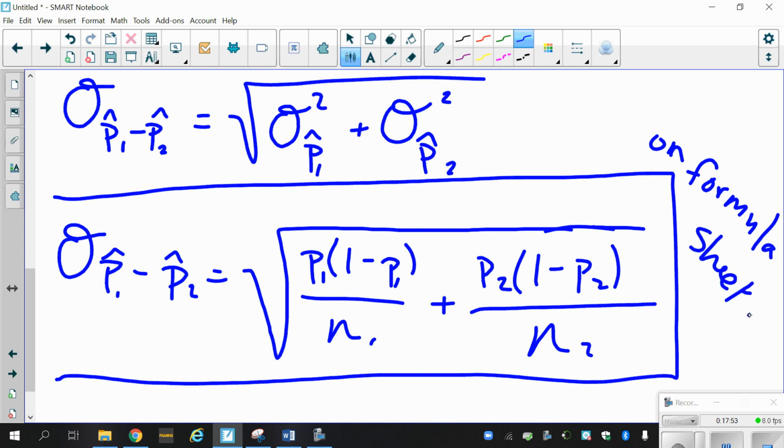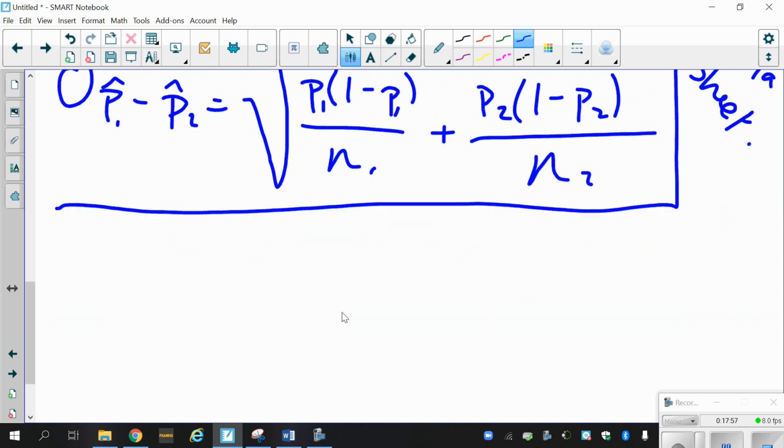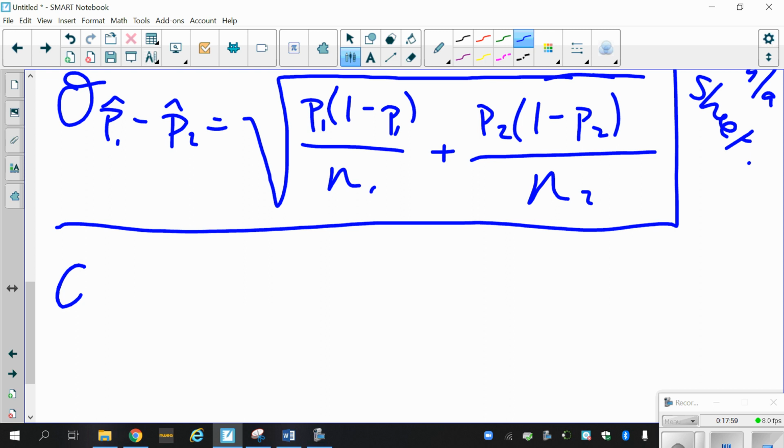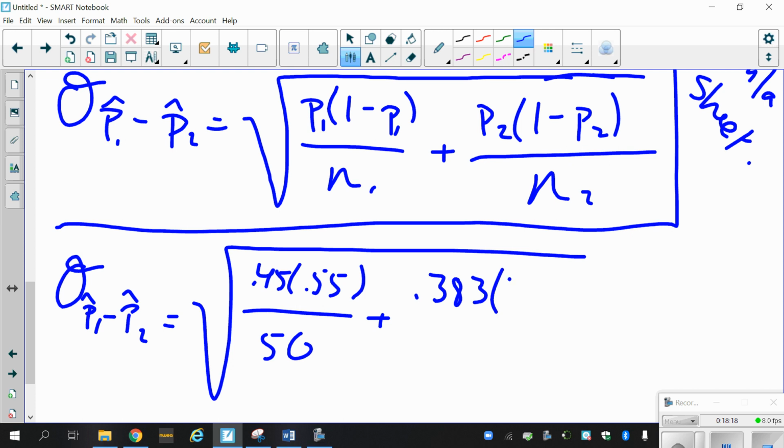Okay. If we plug in our values from our example, we get 0.45 times 0.55 divided by 50 plus 0.383 times, what's 1 minus 0.383?